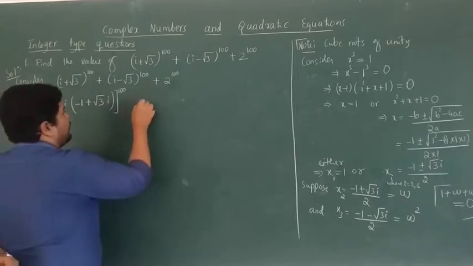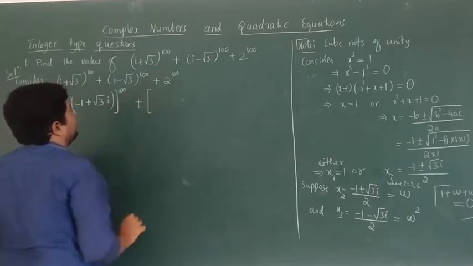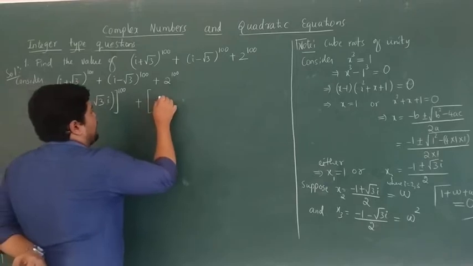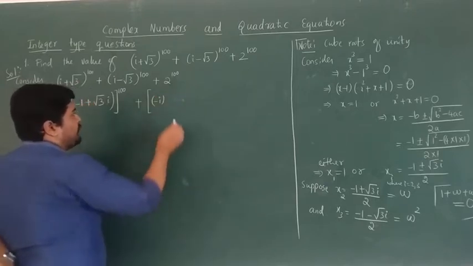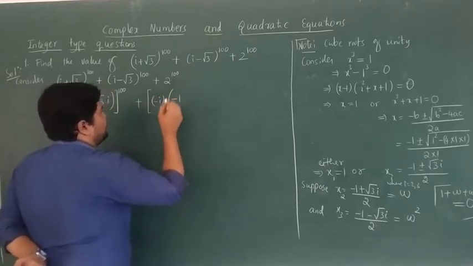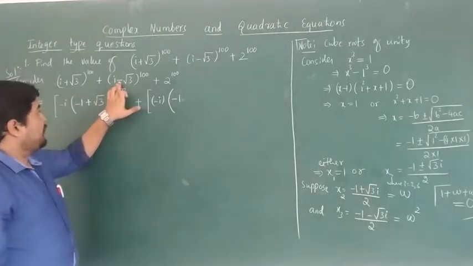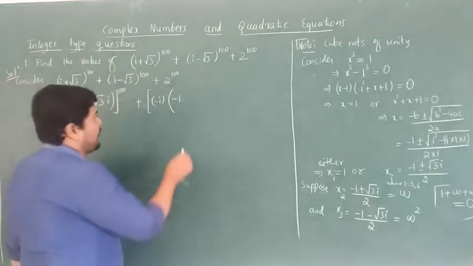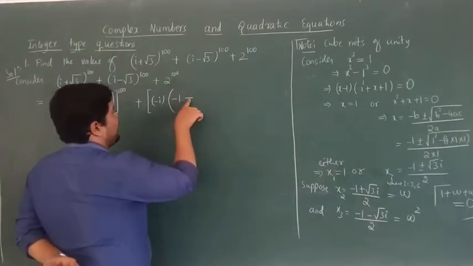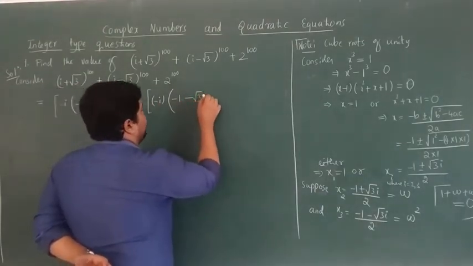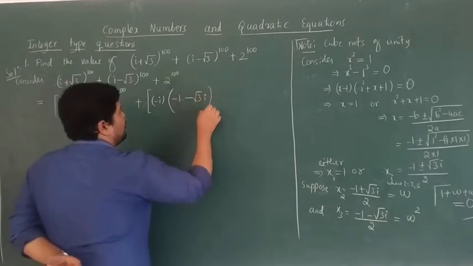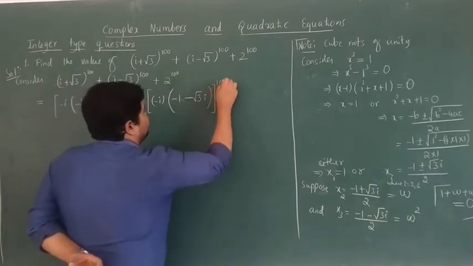Now plus, see here, you are having once again minus i as the common term. I can take out, you are left with minus 1. Now see here, you must have here minus, so that I will multiply minus root 3 into i, isn't it? I hope you can easily understand this thing.